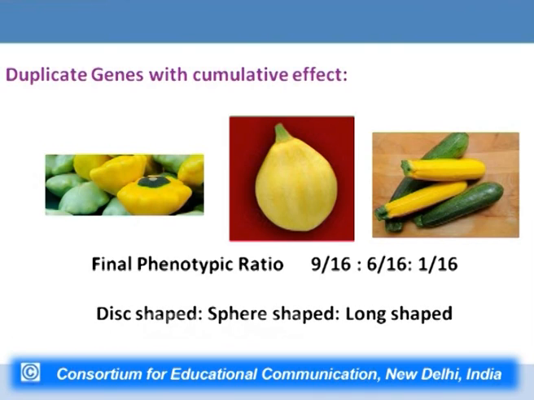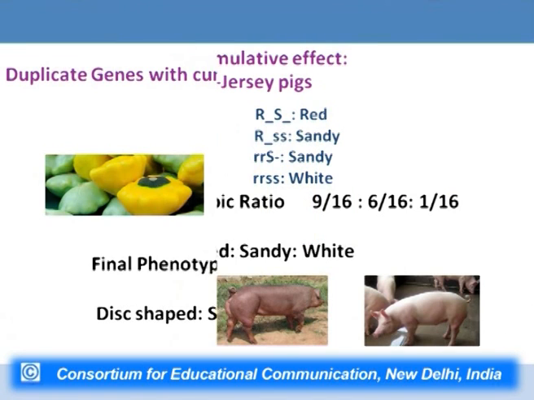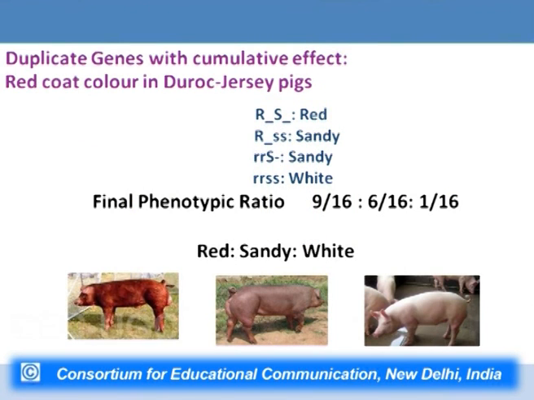In this particular case, the presence of only one dominant allele at one locus leads to the spherical phenotype, whereas if at both loci at least one copy of a dominant allele is present, it leads to the disc shaped phenotype, and in recessive homozygous condition it leads to the long phenotype. Similar is the case with coat color in Duroc Jersey pigs.